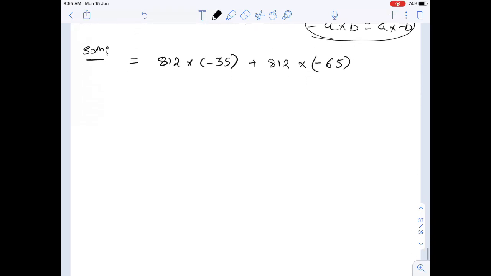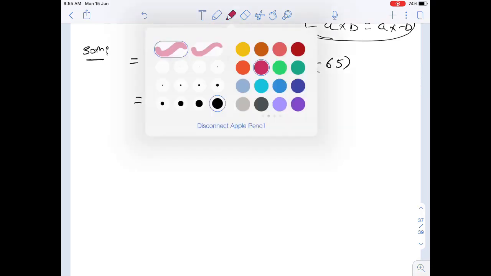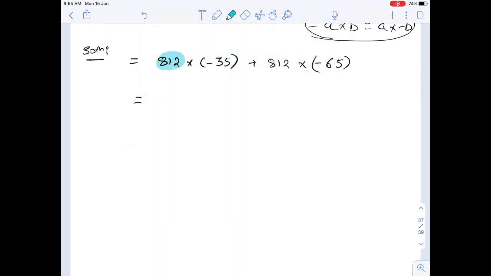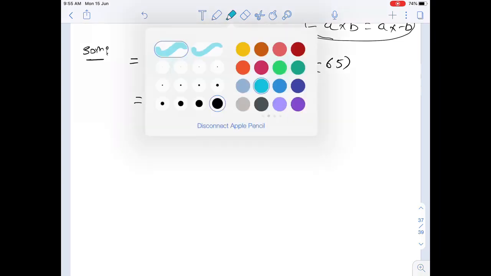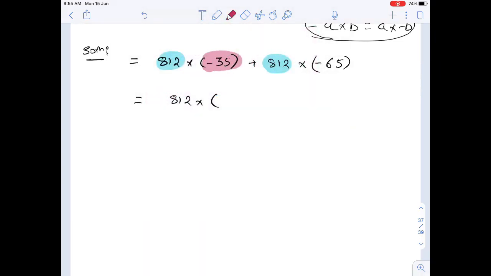Now our regular procedure: find the common numbers. So what are the common numbers? Here we have 812, here also 812, so we will take it outside the bracket. So 812 into, now what are the uncommon numbers? That is minus 35 minus 65.